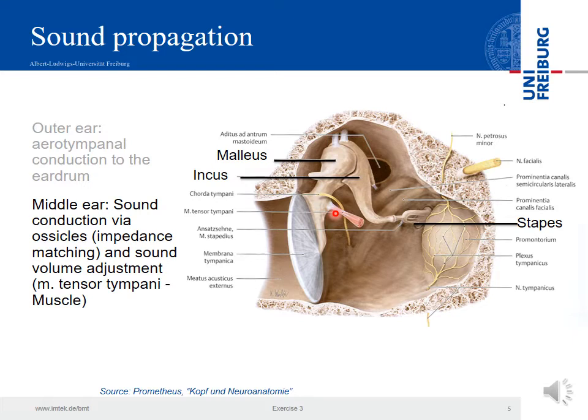This adjustment can be actively done, and you might have had experience that if you enter a room where you know that there is a lot of noise, by knowing that and actively entering such a situation, the noise appears to be less loud than when it happens incidentally, due to the sound volume adjustment of that muscle, of that tensor tympani muscle.